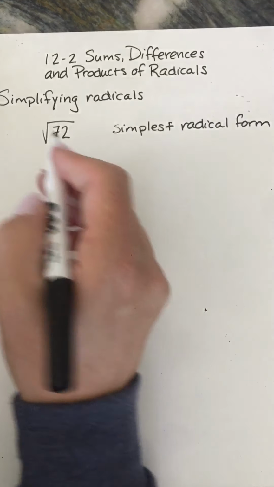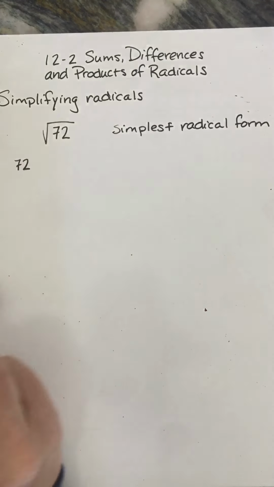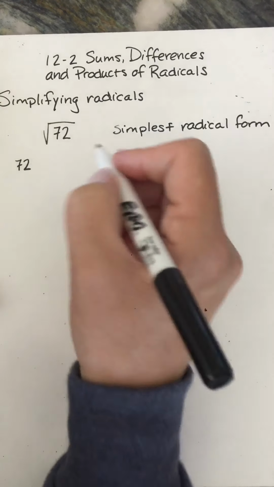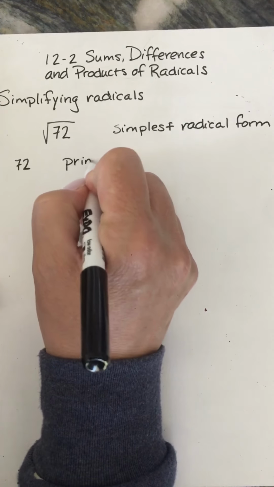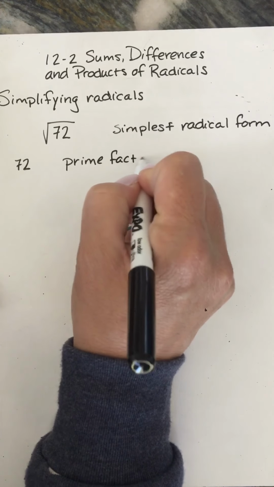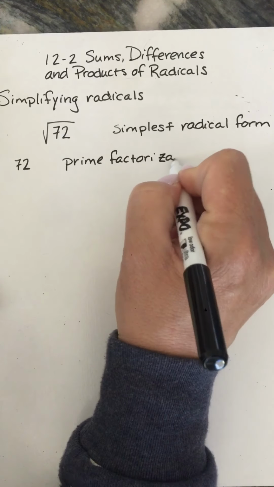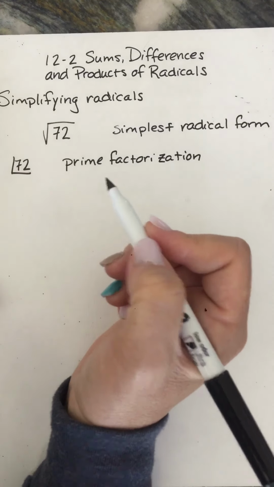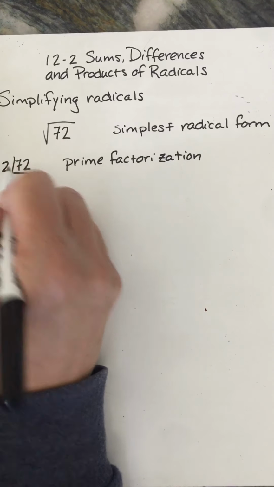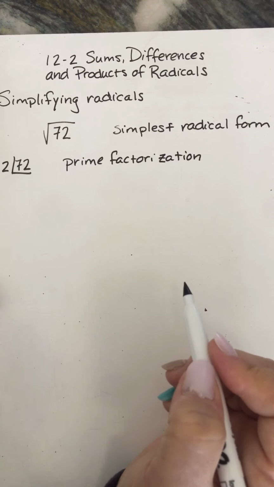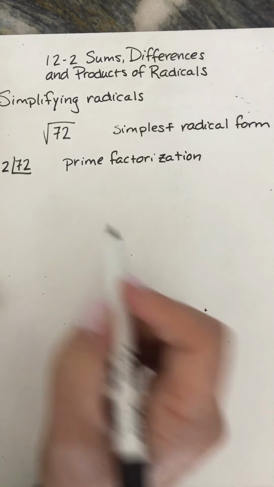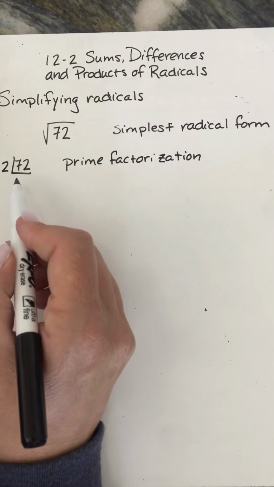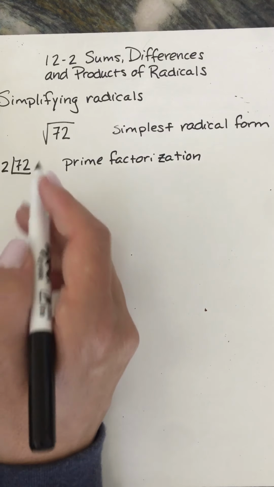Okay, so we're going to take 72 and write the prime factorization of 72. Well, it's even, right? So we know that 2 can go into 72. And 2 goes into 72 how many times? 36.